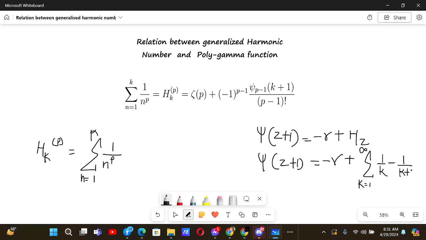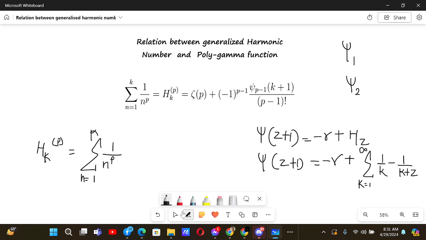Now if we go on differentiating this, the first derivative is known as the trigamma function, denoted as digamma 1, and then the tetragamma function denoted as digamma 2. And it goes on, and basically the polygamma functions are just the derivatives of the digamma function.